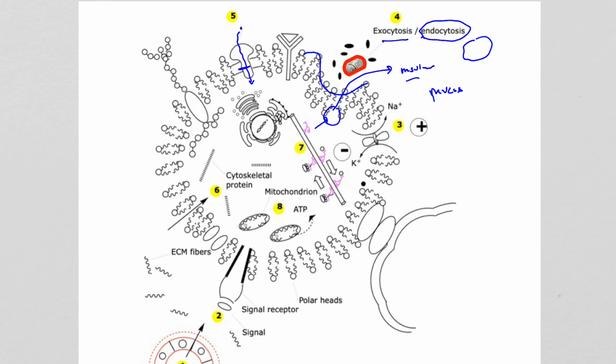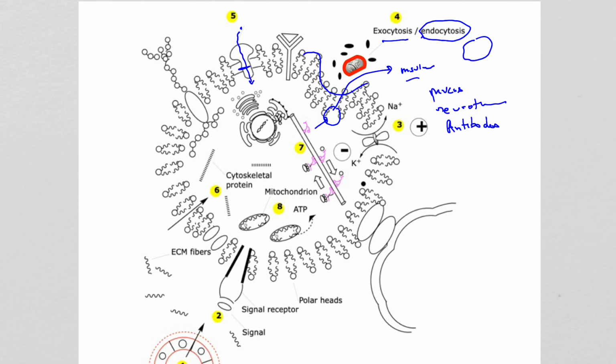If this was a neuron, you would see neurotransmitters being secreted out of the cell through exocytosis. If this was a plasma cell, one of the immune cells, you will see large amounts of antibodies coming out of the plasma cell by exocytosis.